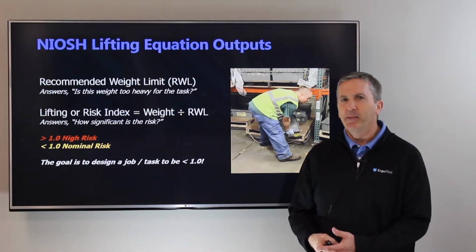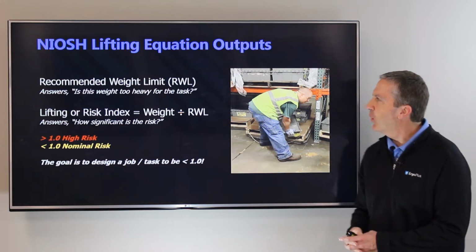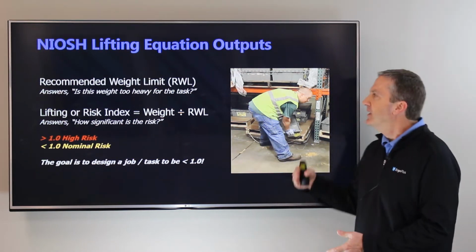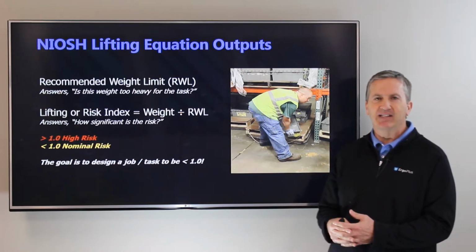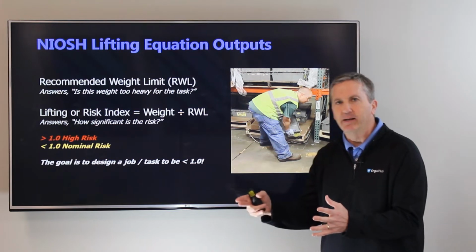As I said, the primary output is the recommended weight limit, and that answers the question, is the actual load being lifted too heavy for the task based on the task variables involved and measured.